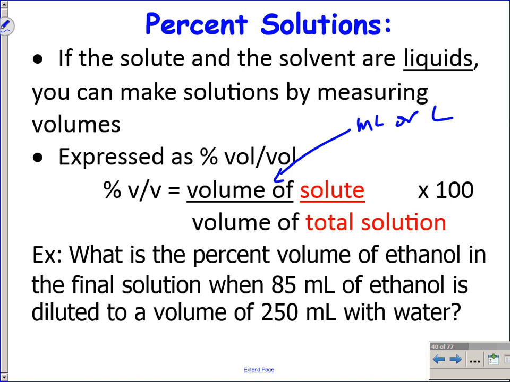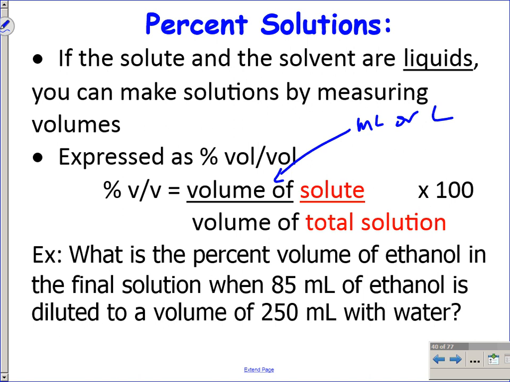They will give you a percent because you're representing them in a way that's comparable. I could give you, or ask of you, volume by volume, mass by mass, or mass by volume. Every single time, the numerator will always be referencing what? The solute.